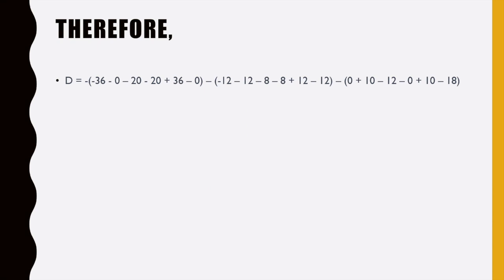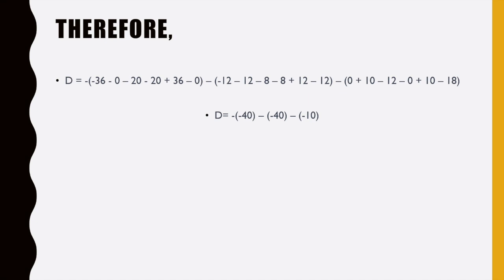D equals negative times negative 36 minus 0 minus 20, minus 20 plus 36 minus 0, minus negative 12 minus 12 minus 8, minus 8 plus 12 minus 12, minus 0 plus 10 minus 12, minus 0 plus 10 minus 18.